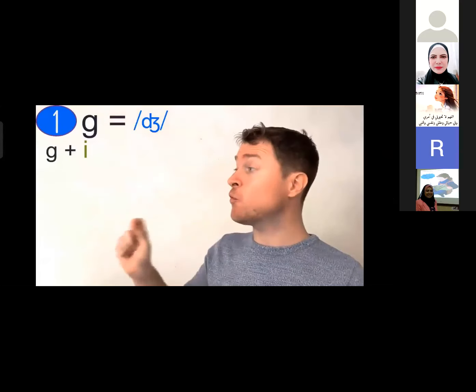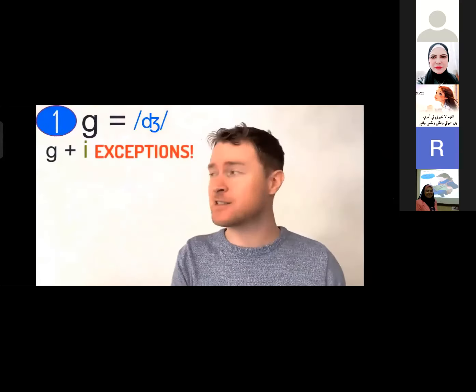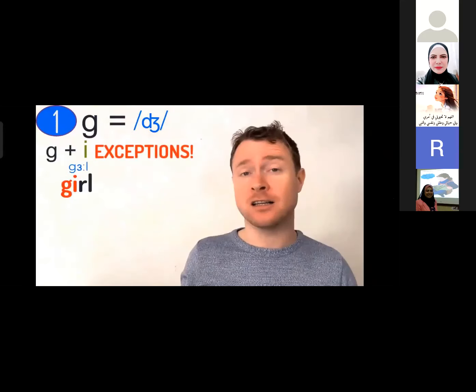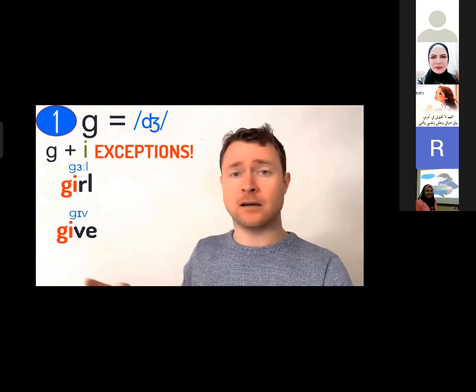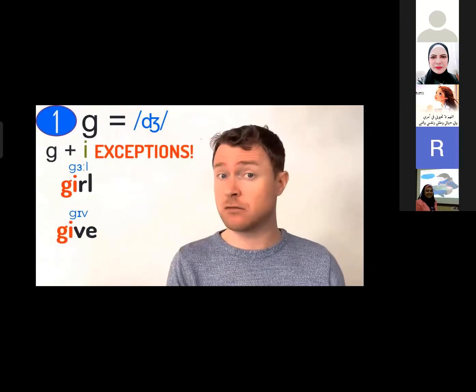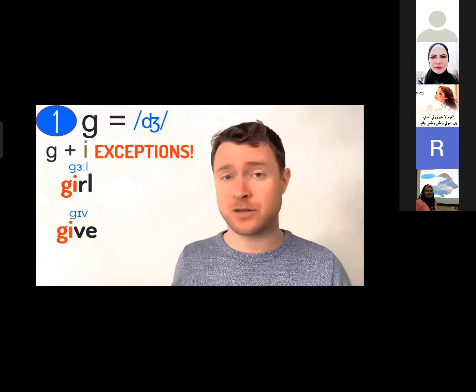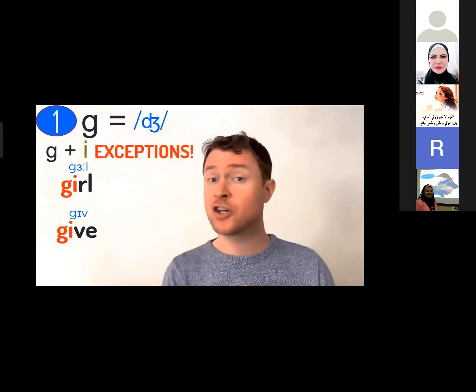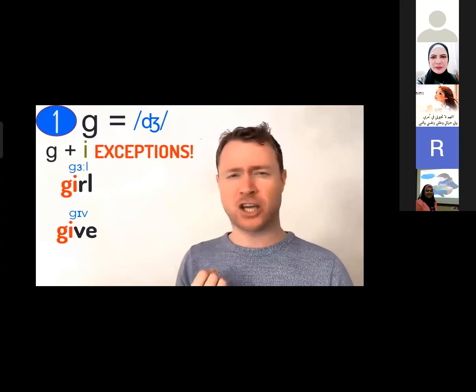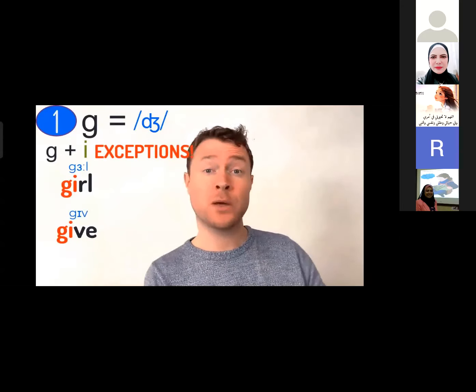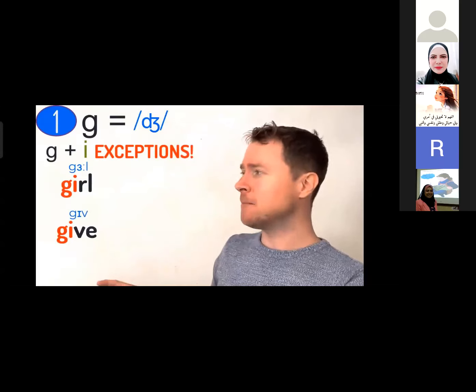Okay, so two really common exceptions to this are words like girl and give. You'll notice again that G and I here do not have the J. They are exceptions. GI in girl and GI in give have the G pronunciation, which we will learn in a minute.